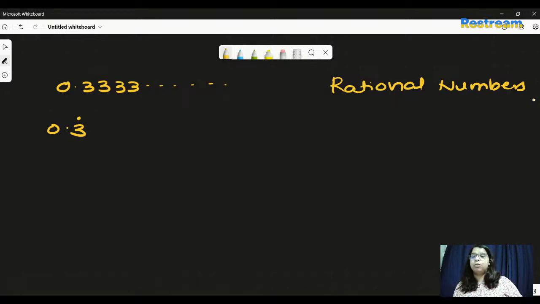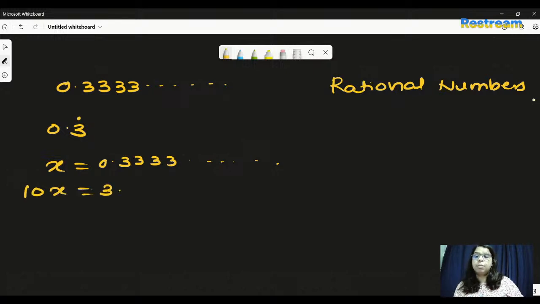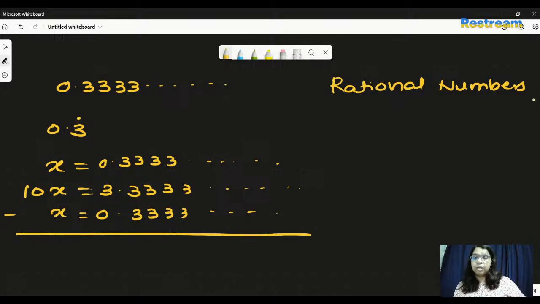So what we are going to do, we are going to say x is equal to 0.3333 dot dot dot. Then we are going to multiply it with 10. So 10x is equal to 3.3333 dot dot dot. And then we are going to subtract this x from it. 0.3333. So if you do this, you entirely cancel the parts after the decimal.